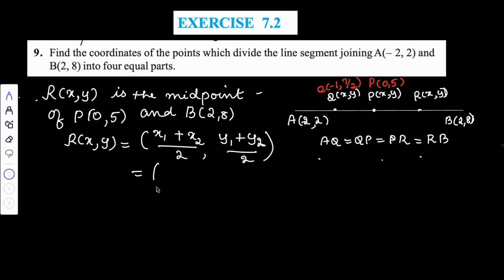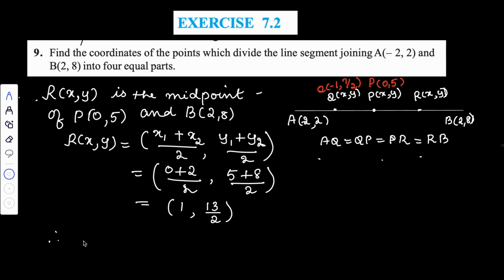So we will get here (0 plus 2) by 2, (5 plus 8) by 2, that is 0 plus 2 is 2, 2 by 2 is 1, 8 plus 5 is 13, by 2 is 13 by 2.